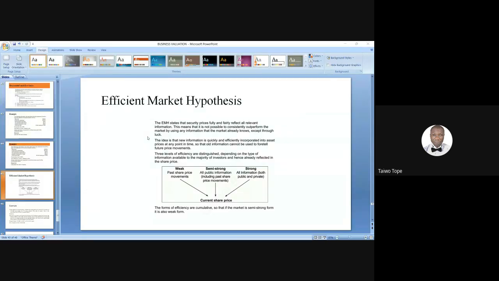So the market information in a semi-strong form of efficiency is that all past data and current data are relevant to make a decision. A semi-strong form efficient market is also a weak form efficient market because it has an element of past data in it, and public information includes past information.